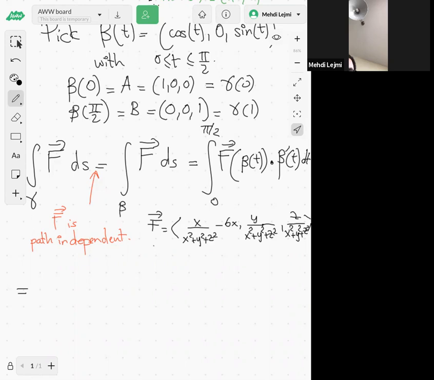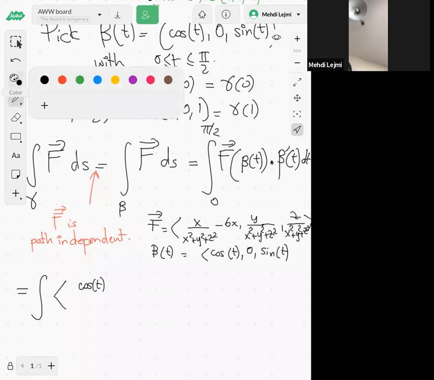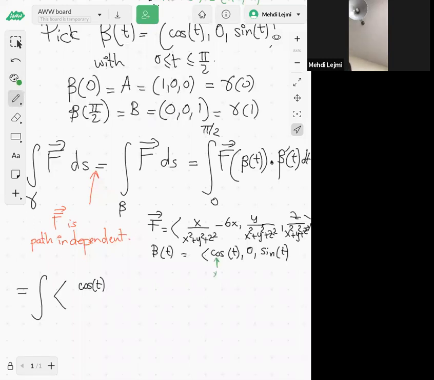And beta of t is just cosine t, 0, sine t. So when you evaluate this vector line integral, F of beta of t, x is cosine, so there's going to be cosine of t in the top, y of t is 0, and z of t is sine of t.